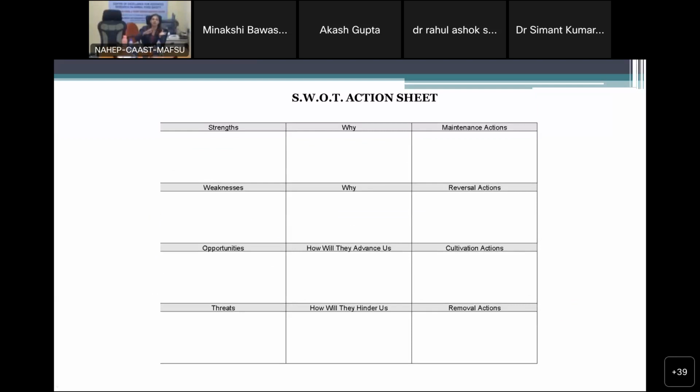That means convert your weakness to strength. Then opportunity: how will they advance us? If I take a job somewhere, if I do some additional course, how is it going to advance me? What kind of value is it going to add in me?